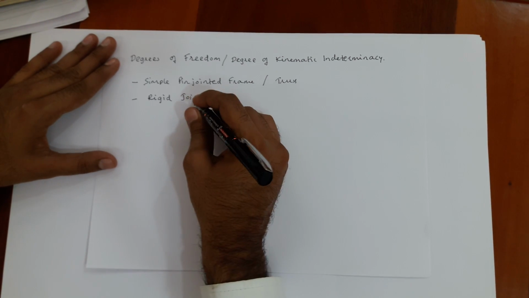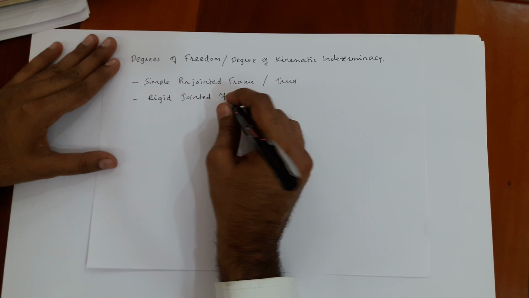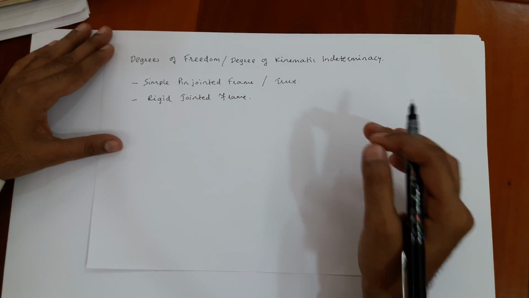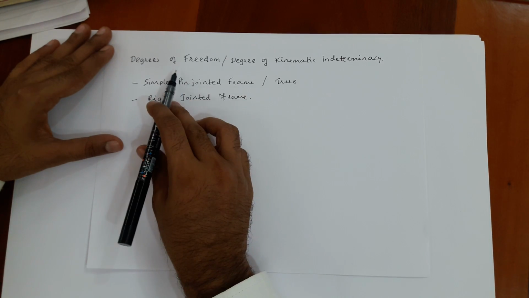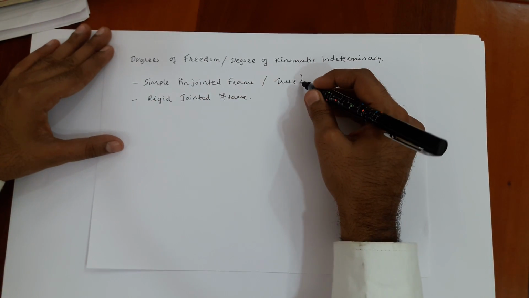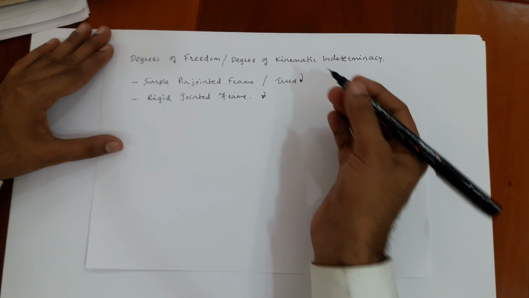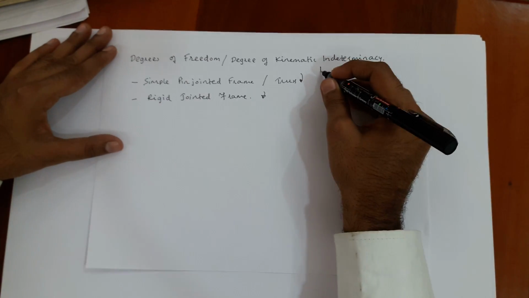In this video we will see how to find degrees of freedom for a truss and for a rigid jointed frame. The degrees of freedom is denoted by dk.